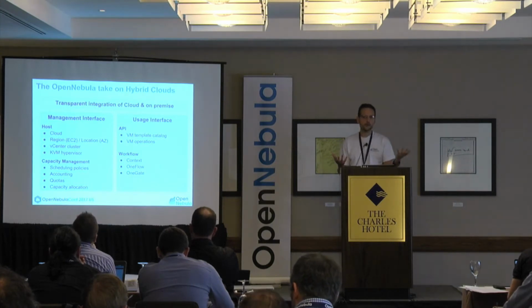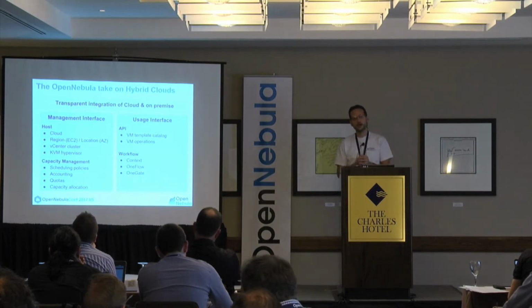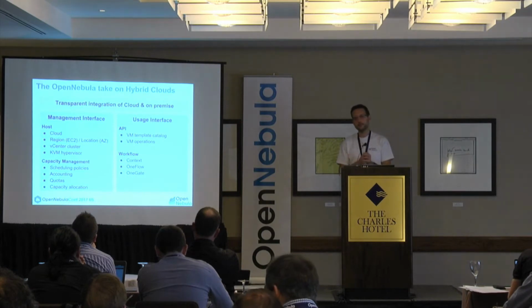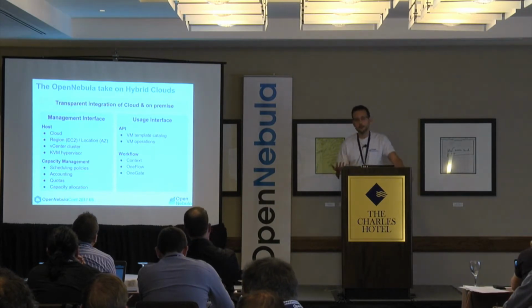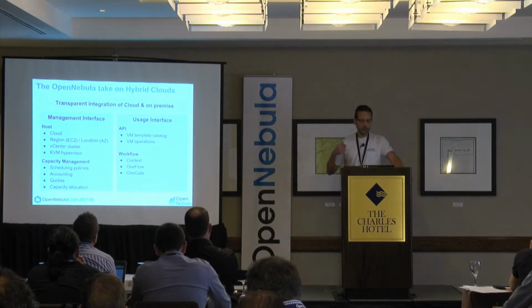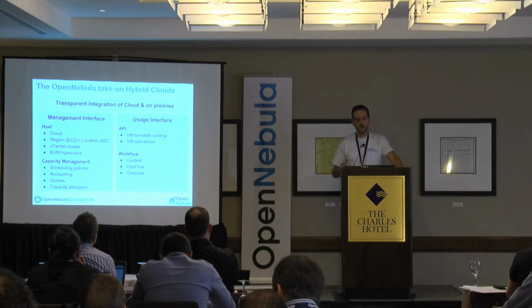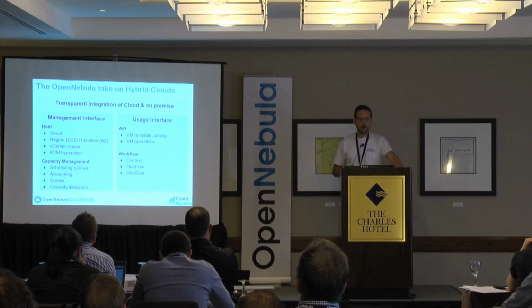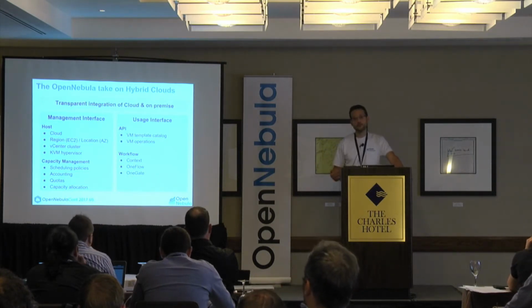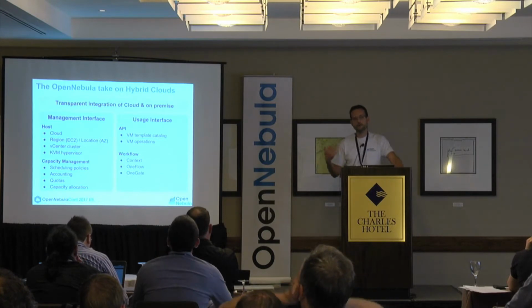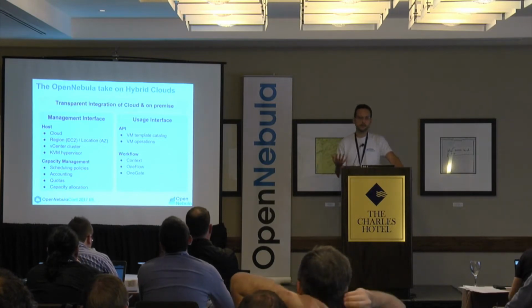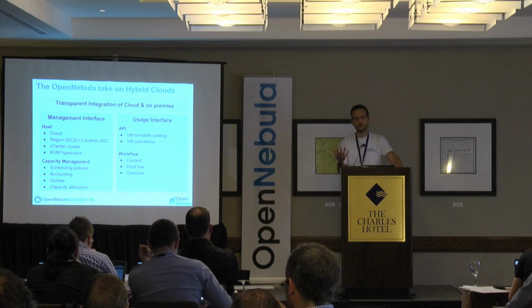On one hand, we have the management interface, and regarding management, we see the hybrid clouds like any other host in your cloud. So you can have a KVM hypervisor, you can have an EC2 region or an Azure location, or as we've just seen, you can have a vCenter cluster. All of those resources are seen as the same thing for the cloud admin.